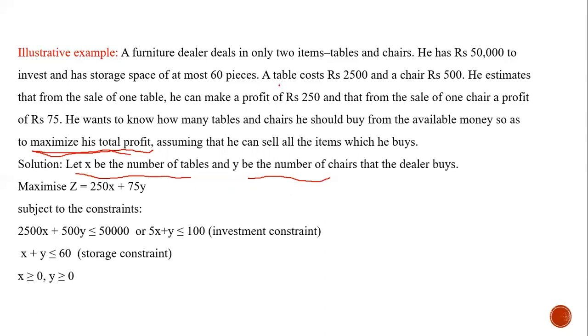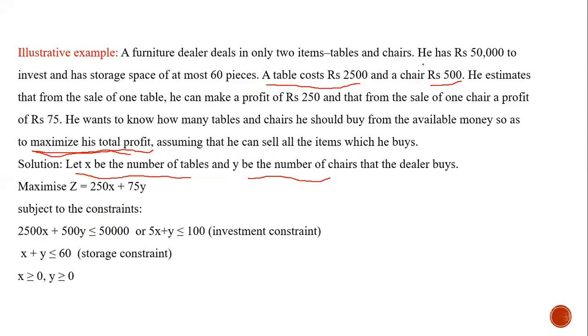We saw that a table would cost rupees 2,500. So x number of tables would cost rupees 2,500 into x. Similarly, a chair costs rupees 500 for the furniture dealer. So y number of chairs would cost 500 into y.